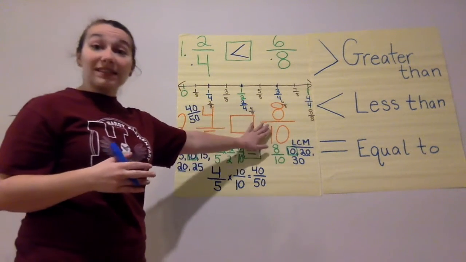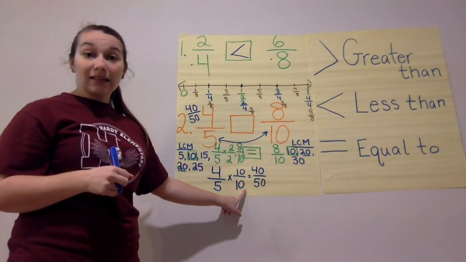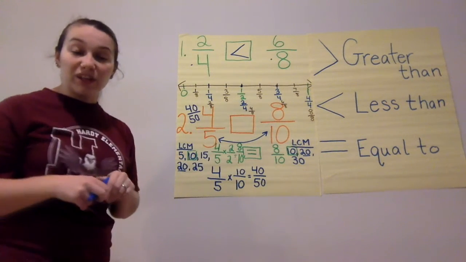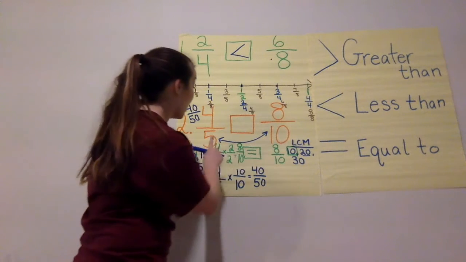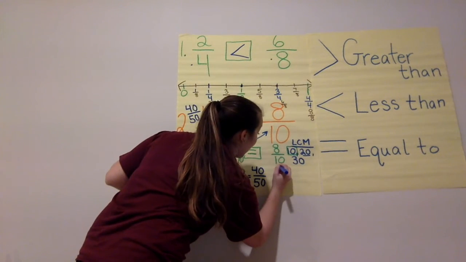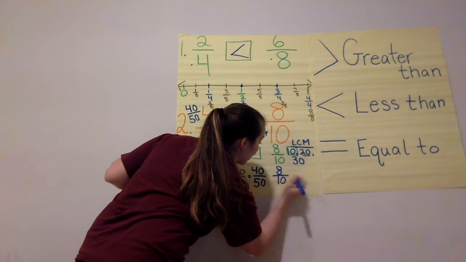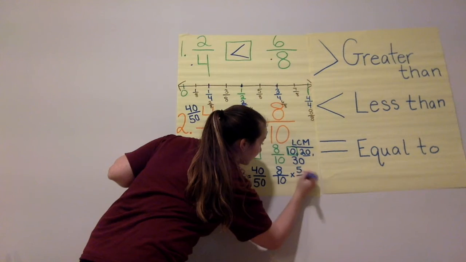And then I'm going to do the same thing over here. But instead of multiplying by tenths, I'm going to multiply by the other fraction's denominator, which is what? Fifths. Very good. So I'm going to have 8 tenths. I'm going to multiply by fifths.